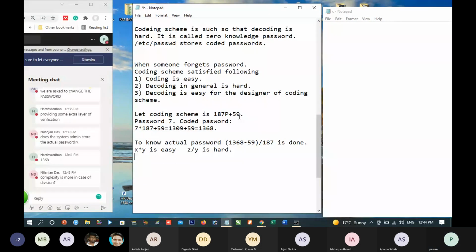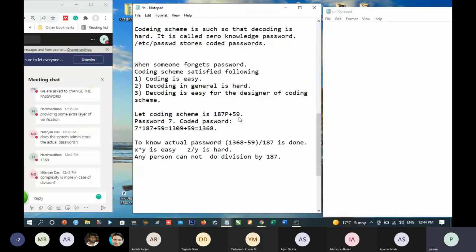So any person cannot do division by 187. Is it correct? Yes.